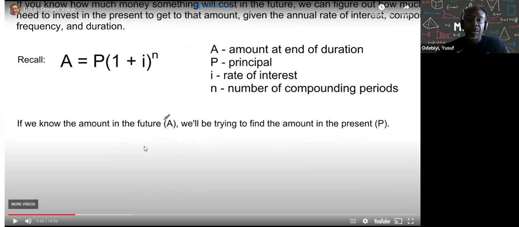If we know the amount of the future, how can we figure out the present value?